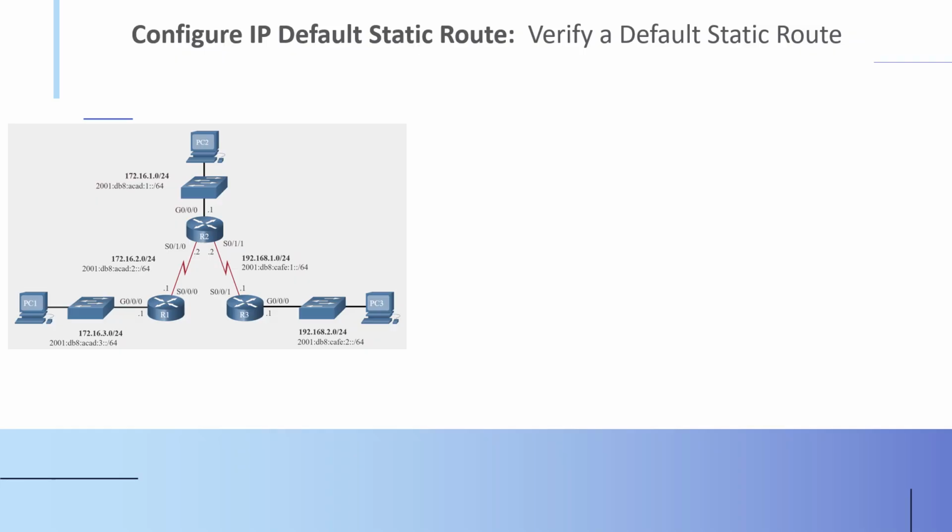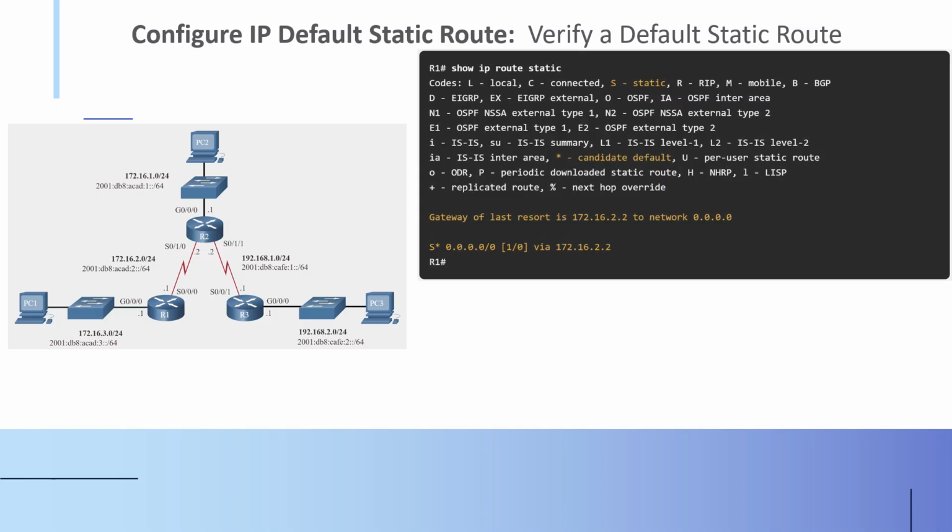To do that, we go to our router in privileged mode, and then by using the command show ip route static, we have the output from router 1 that will display the contents of the static routes in the routing table.